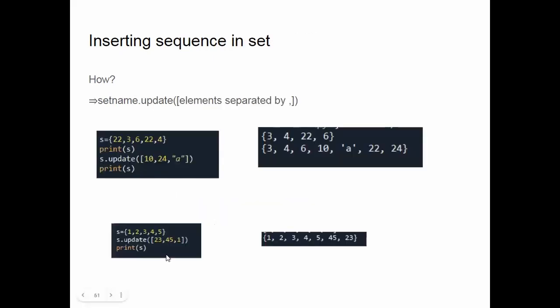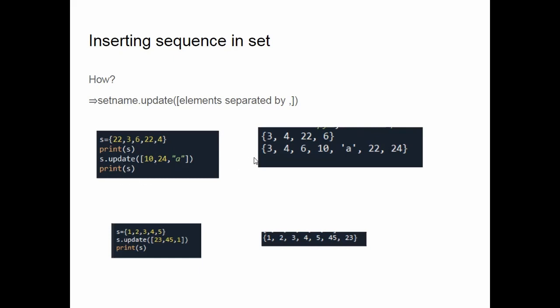Inserting a sequence: if you want to add a sequence, that means again a list, but the list has to be enclosed in square brackets, and we have to use the update function. As we are updating, we are attaching a list, and the elements of the list have to be separated by commas. Where it is going to be stored, the position is not fixed; it can be stored anywhere. So suppose s is equal to 22, 3, 6, 22, 4, and we print it.